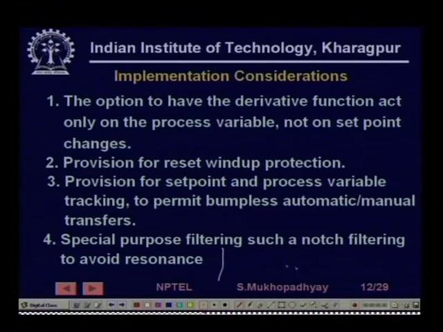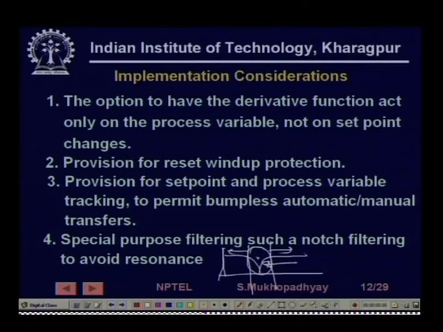So, you do not want to give input at that frequency. For such purposes you sometimes use notch filters, which will pass all signals, but they have gain characteristics over frequency somewhat like this. In this range they will pass control signals, in this range also they will pass control signals, but in this narrow range they will stop the signal.